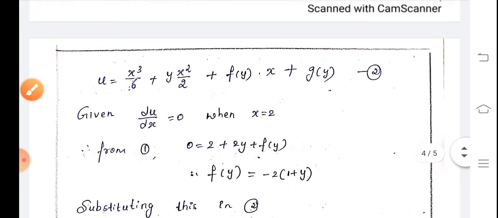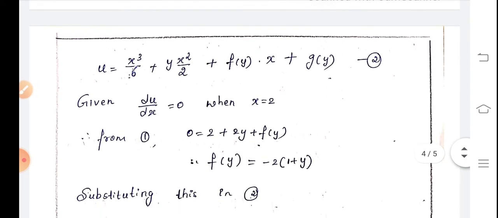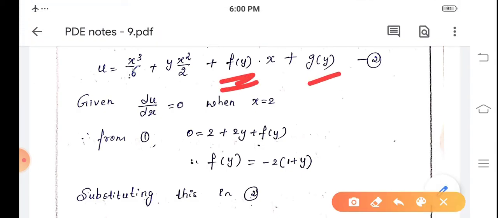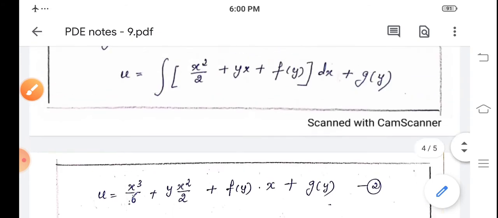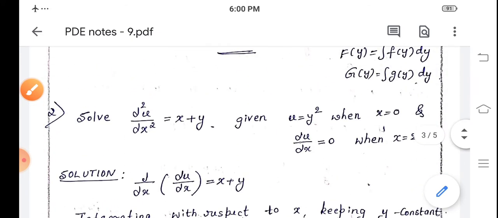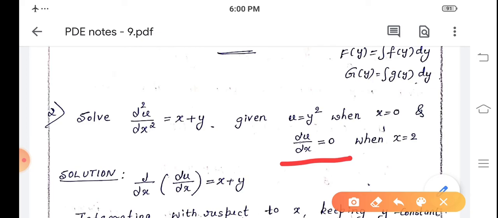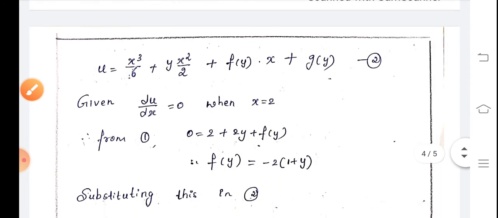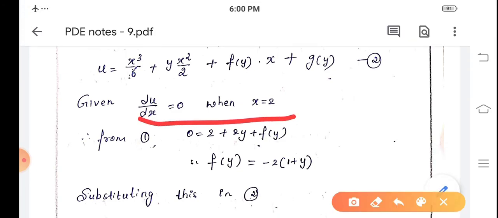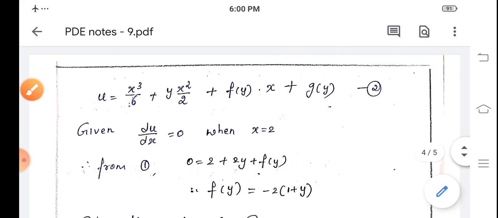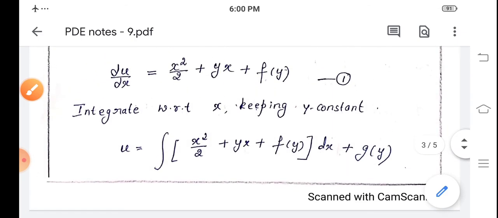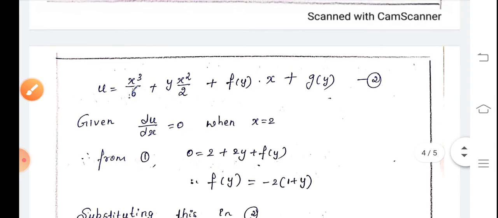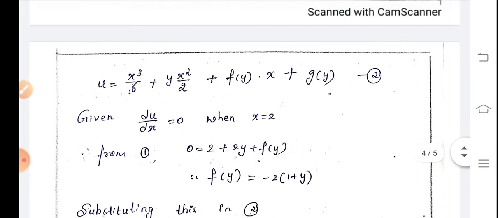Now here, using the given conditions, we can eliminate the arbitrary functions f of y and g of y. It is given that dou u by dou x equal to 0 when x is equal to 2. So using this condition in equation 1, dou u by dou x equal to 0, so the left hand side is 0.